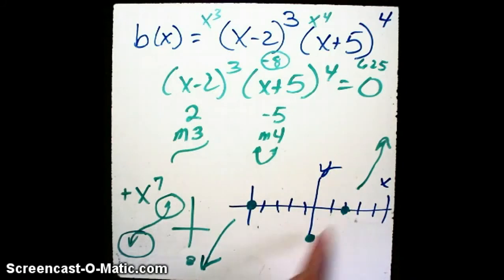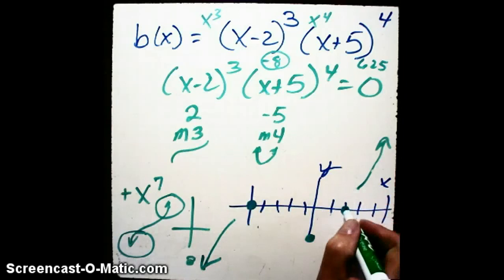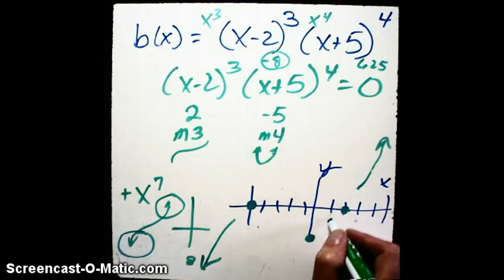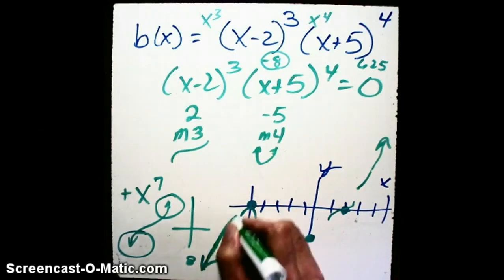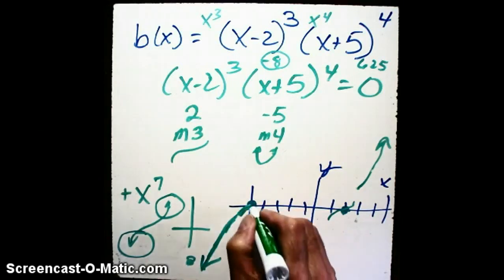So this looks good. Goes across at the 2. Okay, so I could get that. So it crosses, kind of scoots a little bit here. And it turns at the negative 5. So my question is could you draw a graph that includes all of those aspects to it?